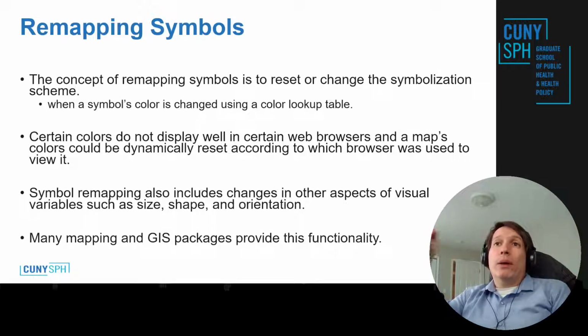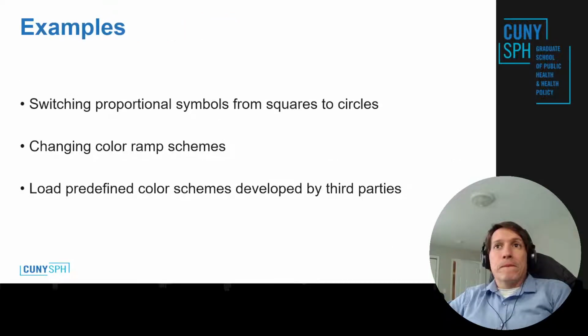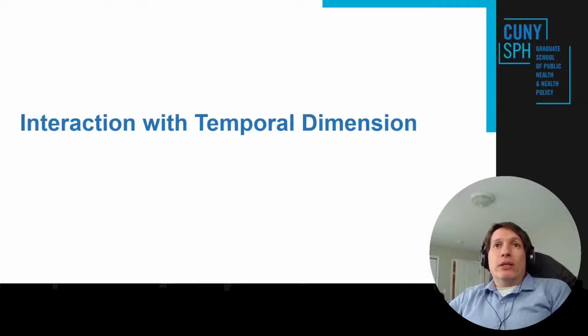But we need to be aware that there are certain colors that are not displayed well in certain representations or certain interfaces, and then having the possibility of changing colors or changing the symbols is also a tool to help people understand the data and the visualization. We can change, for example, squares to circles, color maps, color ramps, or different types of color schemas.